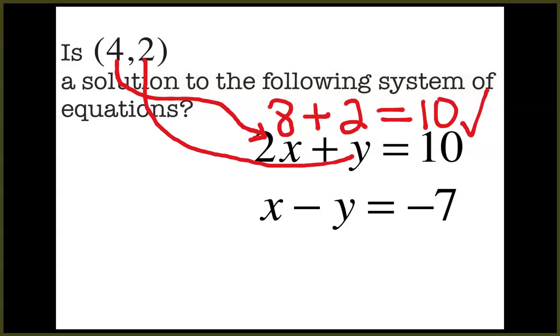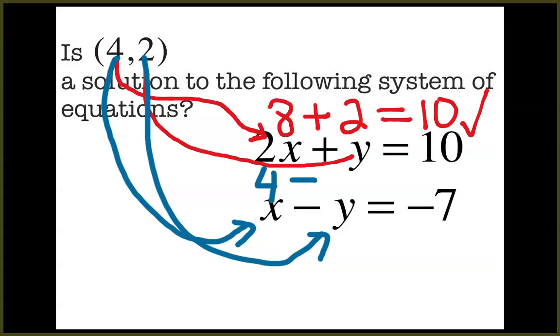Okay, that works. But it also has to work in this one, right? The solution has to work for both problems. If I put 4 here and 2 here, 4 minus 2 does not equal negative 7.